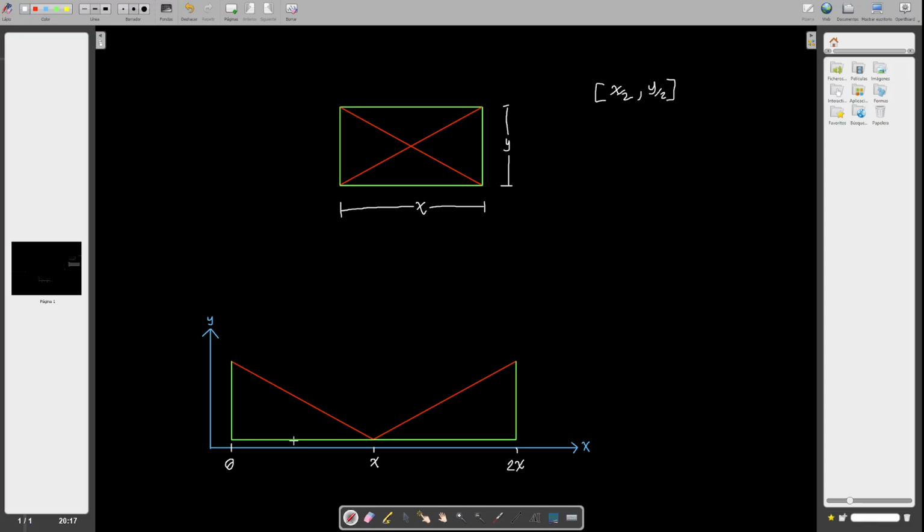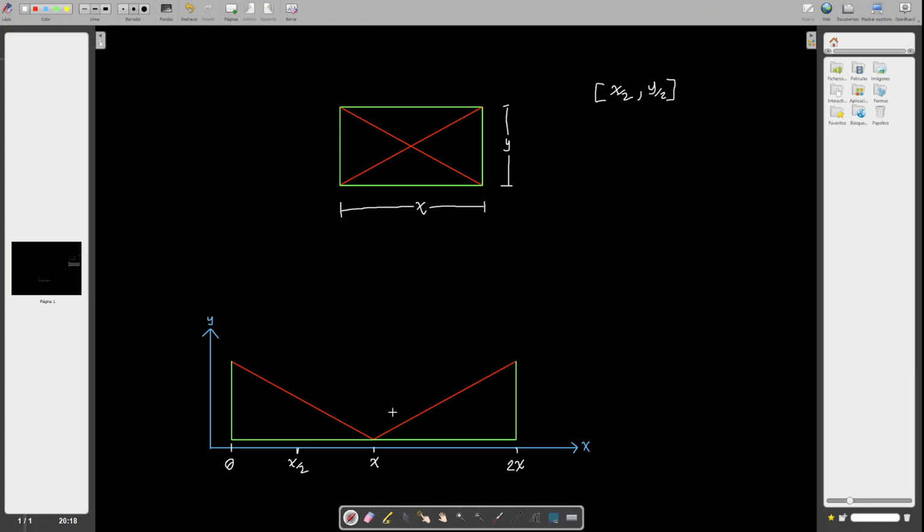Not only that, if I want to think about the middle, look at this drawing. When I try to go here, it's like doing this in the rectangle, just in the middle, trying to get the middle point, which I know is located horizontally at x divided by 2.